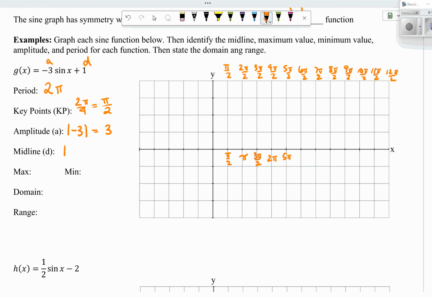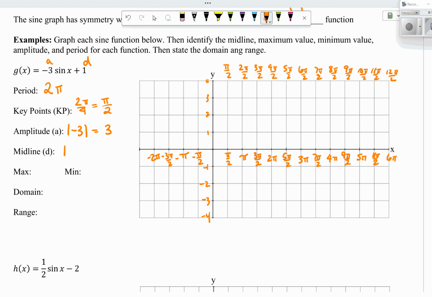So 5 pi over 2, this would be 3 pi, 7 pi over 2, 4 pi, 9 pi over 2, 5 pi, 11 pi over 2, and 6 pi. And then we're going to do a negative cycle as well. Okay, so then on my y-axis scale, this is just 1, 2, 3, 4, negative 1, negative 2, negative 3, negative 4. So now that we have our scale down, we can go ahead and start to graph.